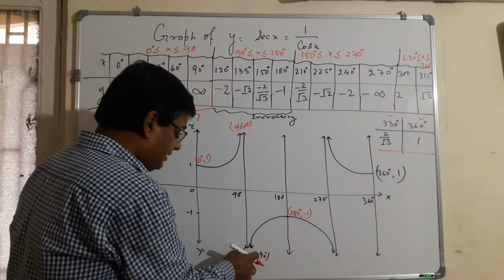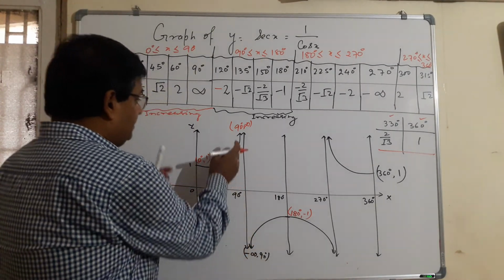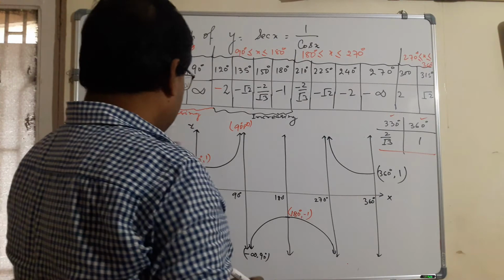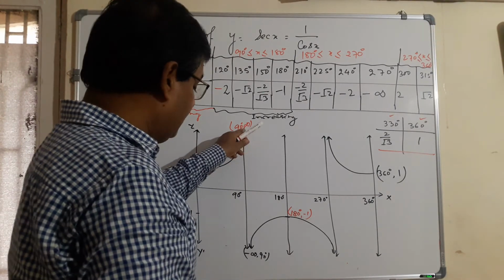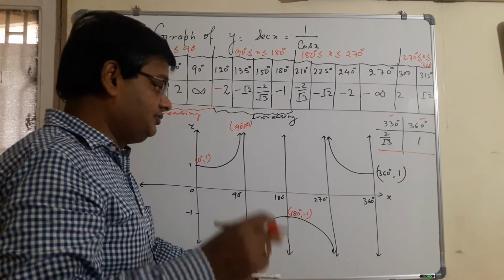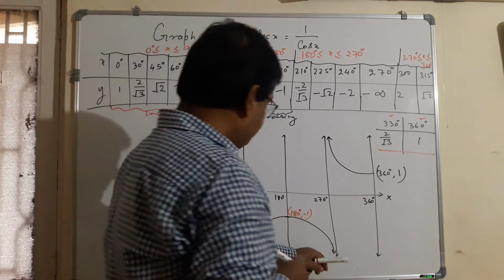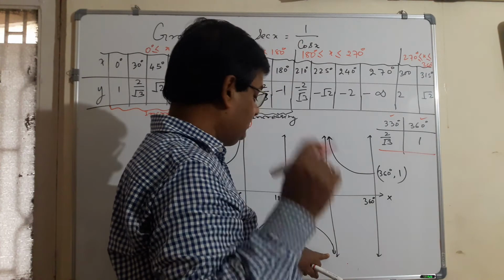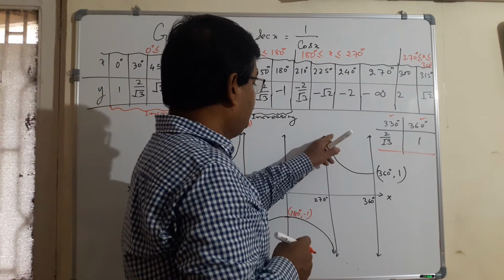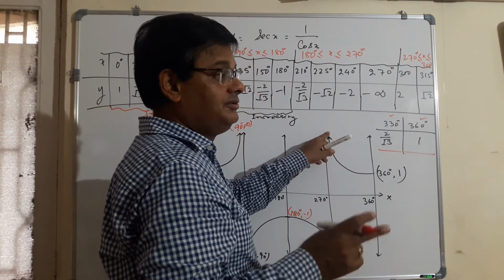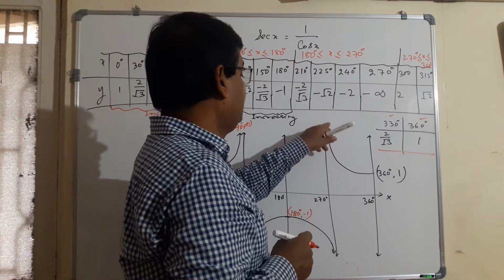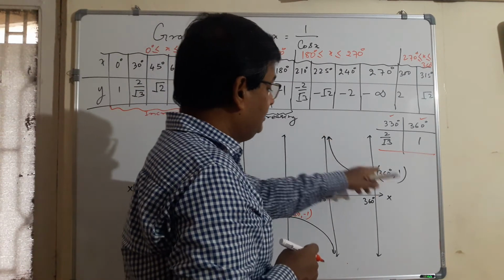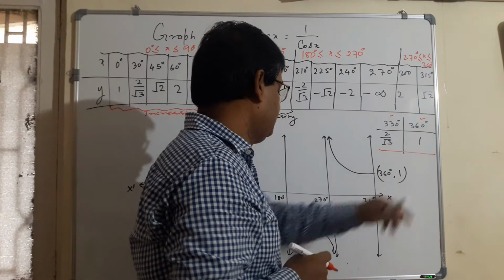It means from 89.99, 90.001, 269.99999 like this, and 270.0001, you will get the numerical value more. Here 360 degree, then 1.